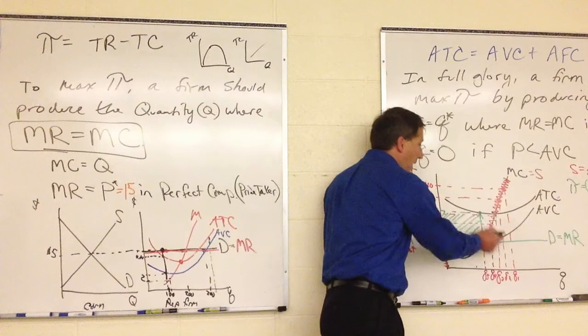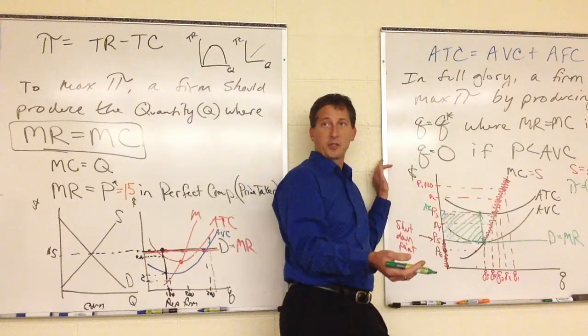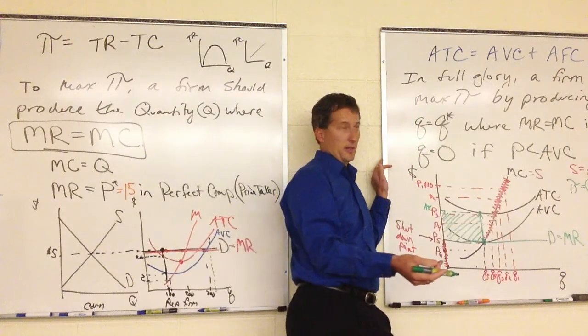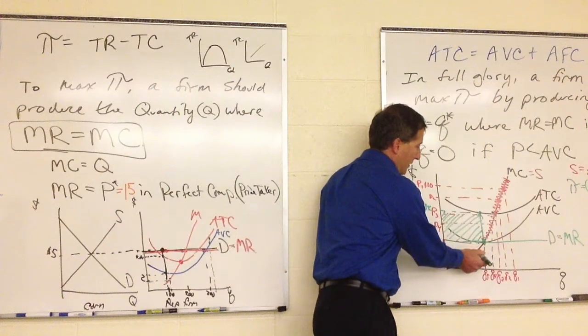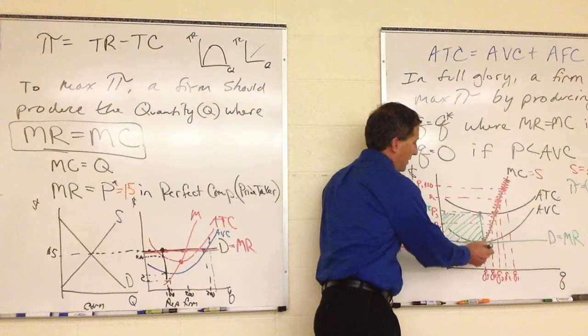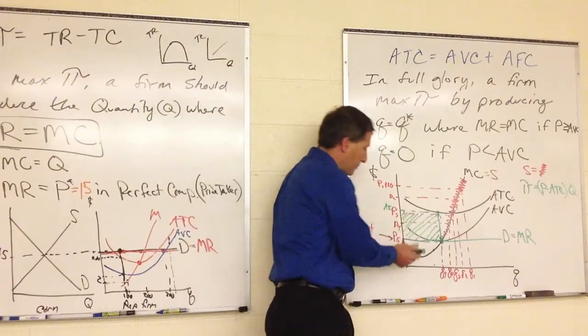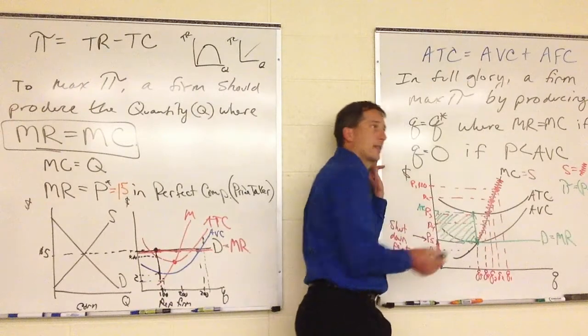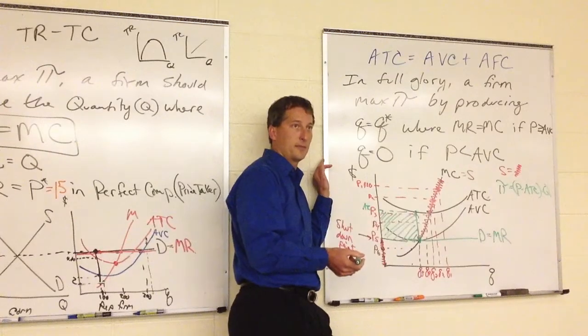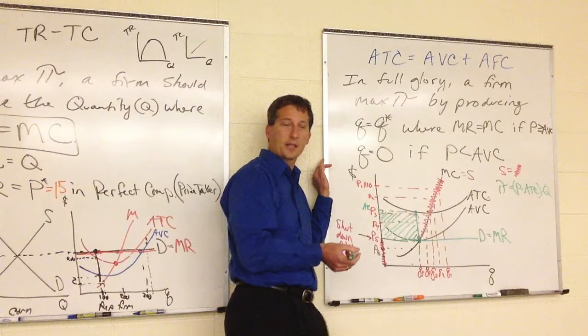So this green box is also equal to your fixed cost. And so when we move down here, if you end up working real numbers, the loss is bigger than the green box. And so you're better off producing nothing and just paying the green box, the loss. Okay? So that's what makes the shutdown.